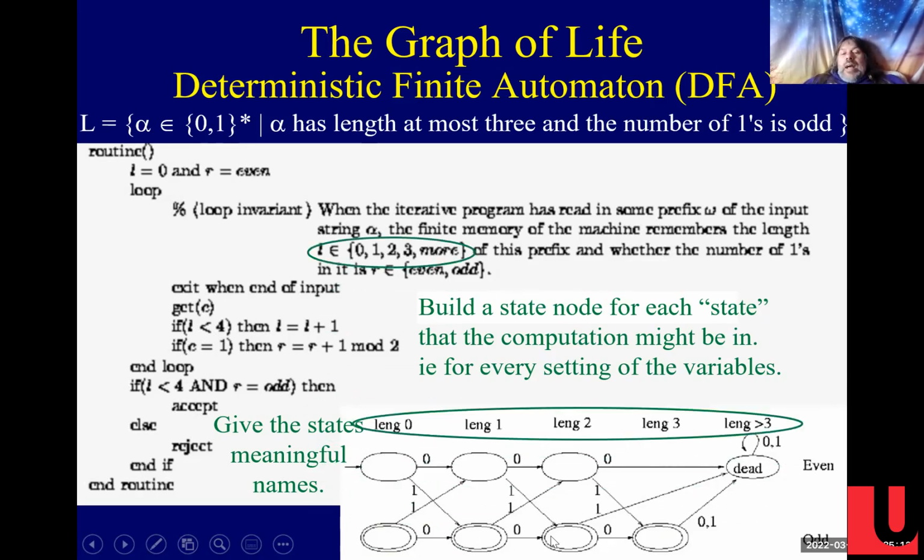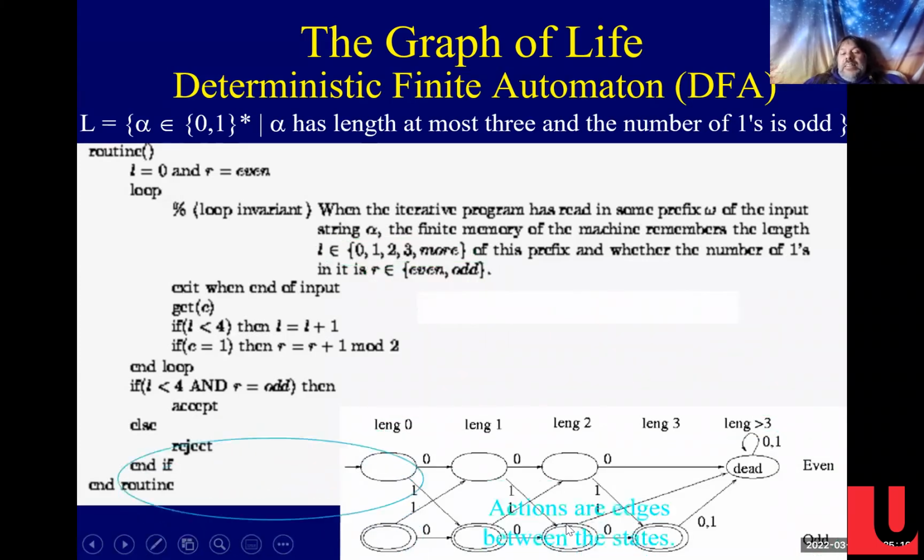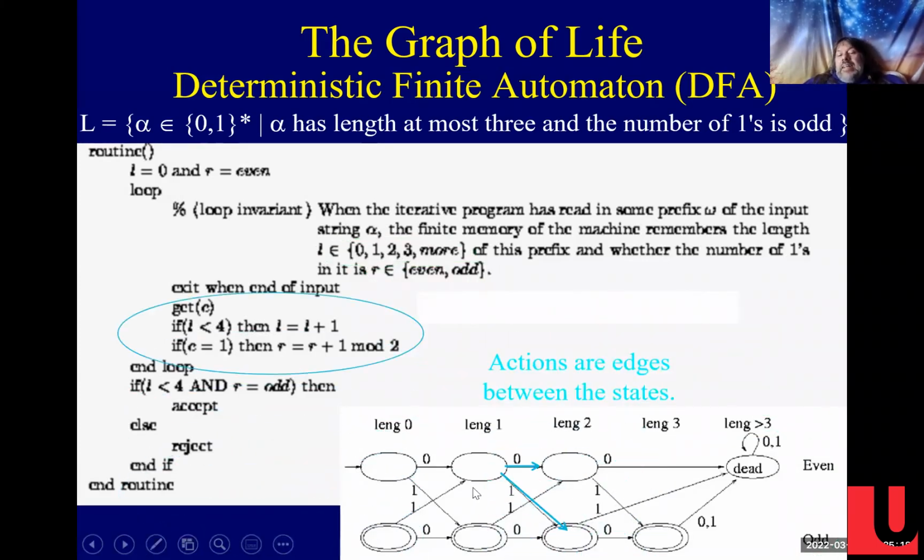So here we have meaningful names to the states, and then if I'm in this state, then I have actions that I can take. I read the next character, and if the next character is a 0, then the length gets 1 longer, but the number of ones doesn't flip between even and odd. While if I read a 1, then the number of ones flips from even to odd.